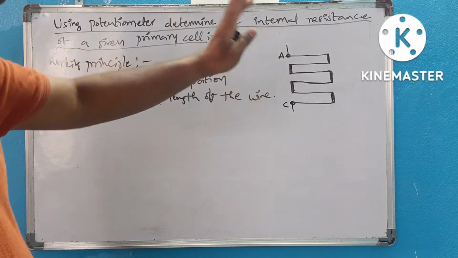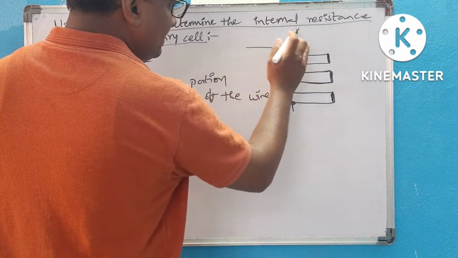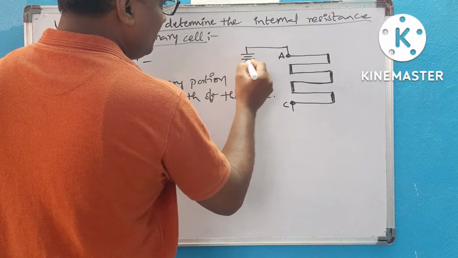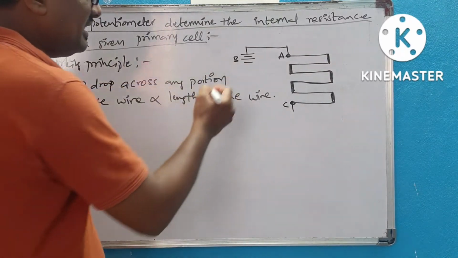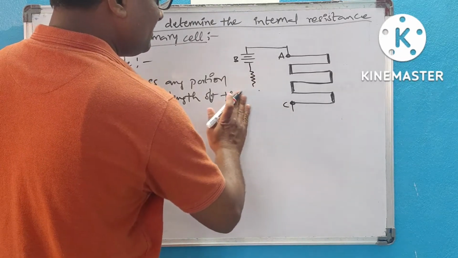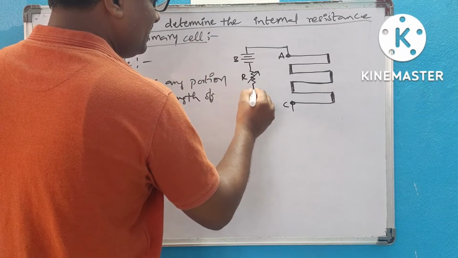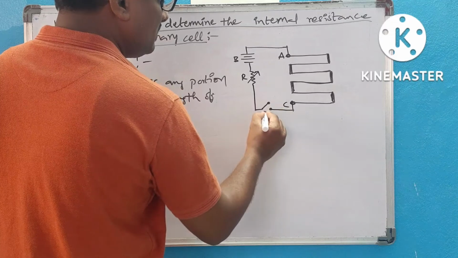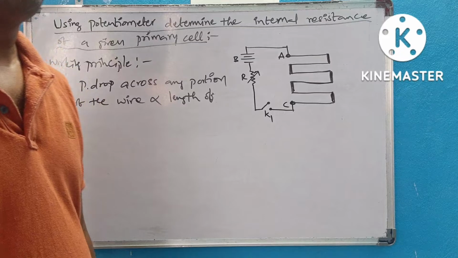Looking at the diagram, we now connect a high resistance battery, the symbol represents a high resistance battery, and a variable resistor, and here we provide a key K1.